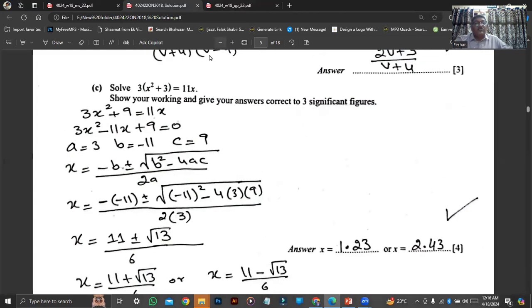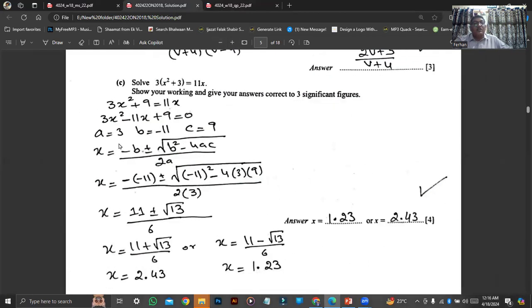And when you do the calculation, you can see minus into minus 11 plus minus under root minus 11 square minus 4 into 3 into 9, and in the denominator you have 2 into 3. So you will have 11 plus minus under root 13 divided by 6. So there are two options.